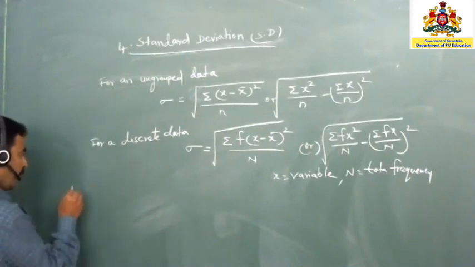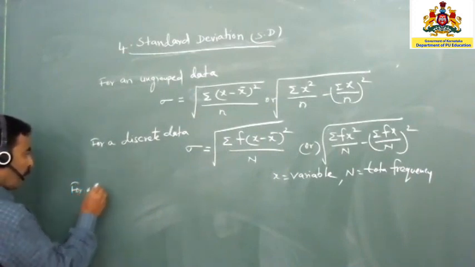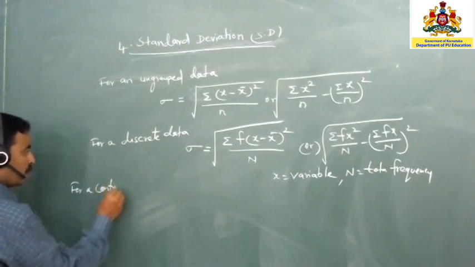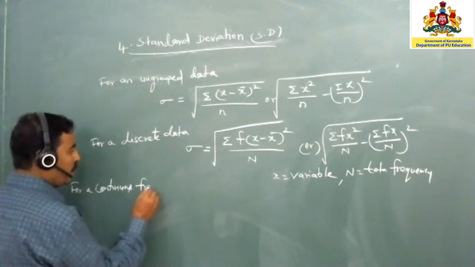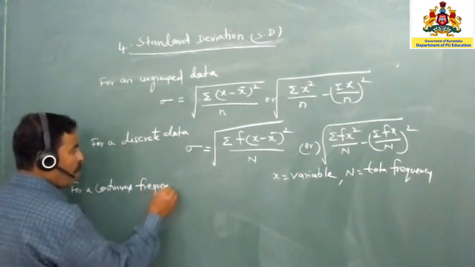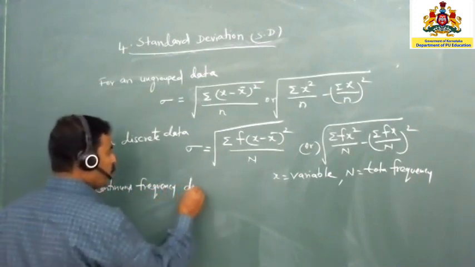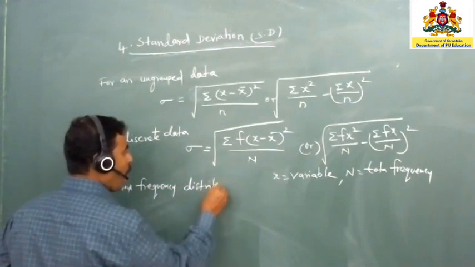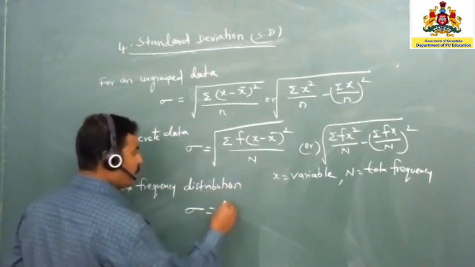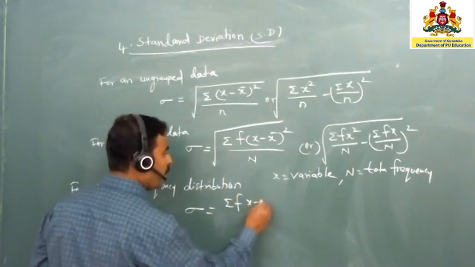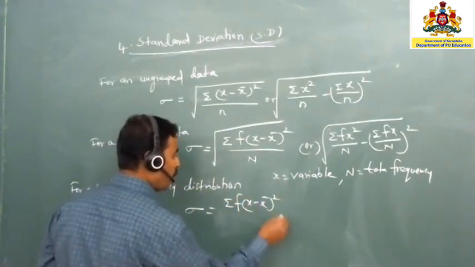For a continuous frequency distribution, the same formula: summation f into x minus x bar whole square by n.